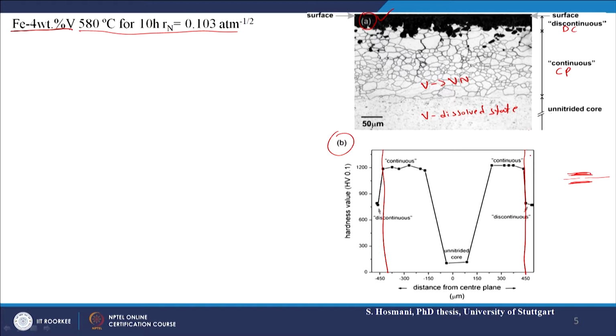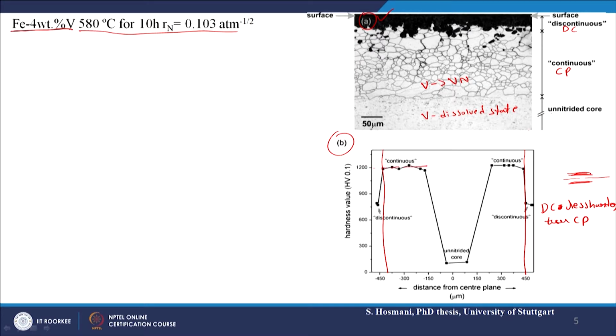And an important point to note here is that the discontinuous region, the DC, is less hard than Cp. The discontinuously coarsened region shows less hardness than Cp. You see that this continuously precipitated region has about 1200 HV.